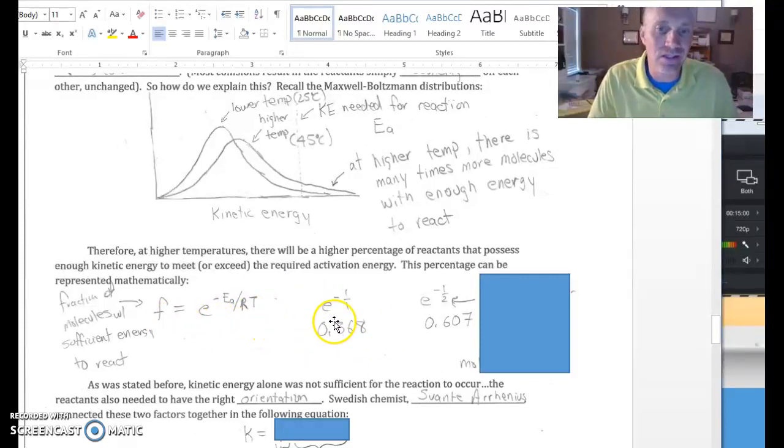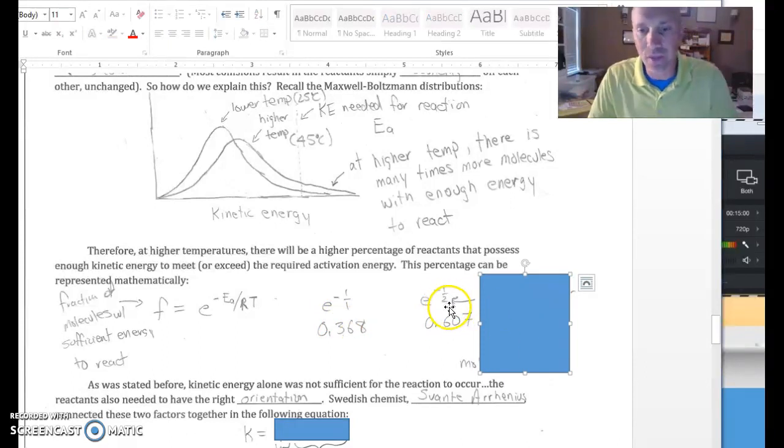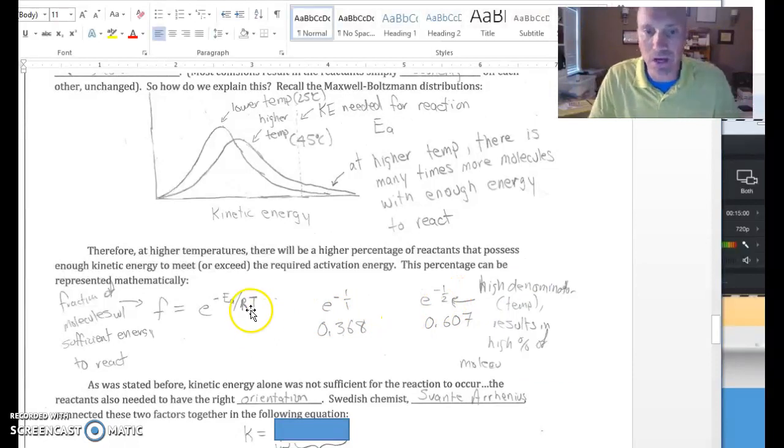So just to give you a sense of how this would work, I just showed e to two negative numbers. This is e to a negative something with a smaller denominator. This is e to a negative something with a larger denominator. I just showed what these numbers would be, and you can notice that if you have a larger denominator, which would correspond to a case where you had a higher temperature, you would end up having an overall higher number.